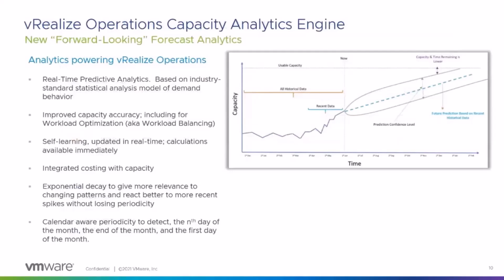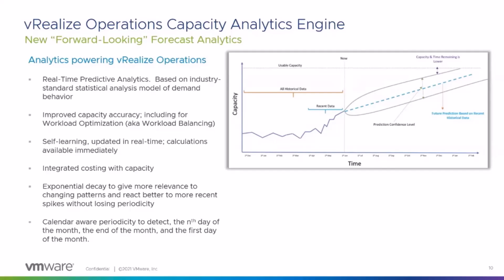Now we'll dive in and talk a little bit about how some of this works and how we get to some of these capabilities. To start off, we have this forward-looking analytics engine in vRealize Operations that is responsible for doing all of these projections. It takes the historical utilization of the virtual machine.